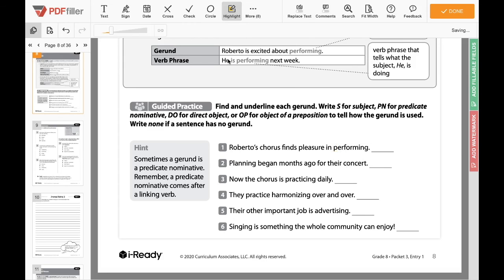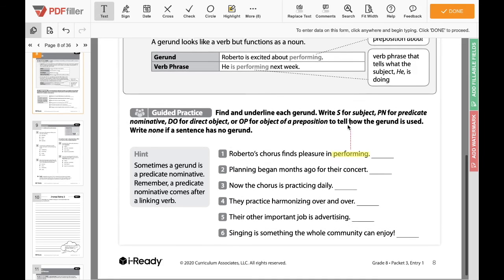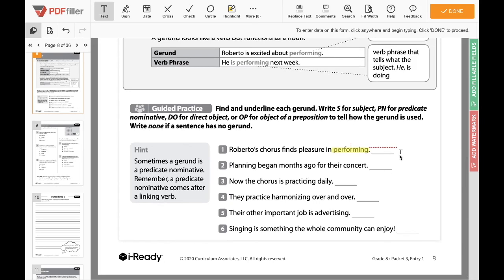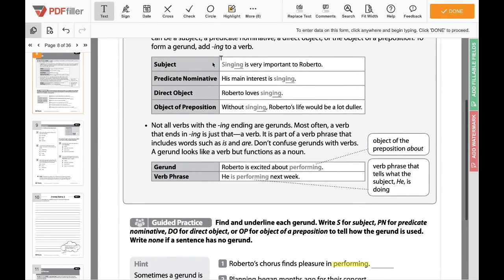I'm going to highlight it instead of underline, but it does the same thing. So performing is our gerund here. Well, first we need to identify that it's a gerund at all, because some of them could be no gerund. But this one here is a gerund. So Roberto's chorus finds pleasure in performing. So we're looking for which one of these four this type of gerund is.